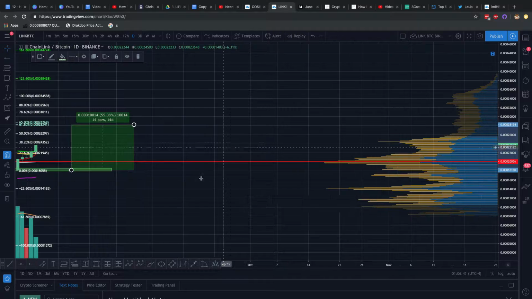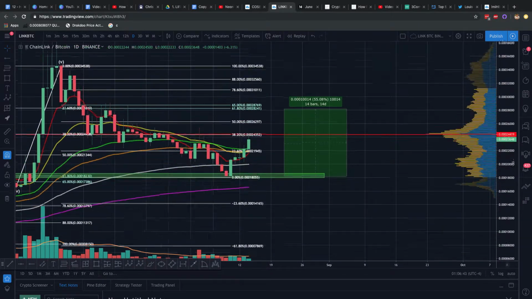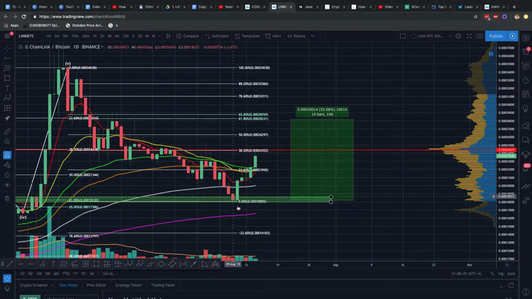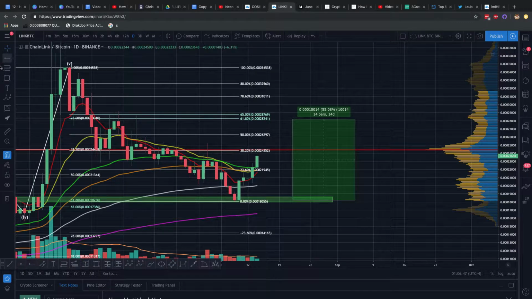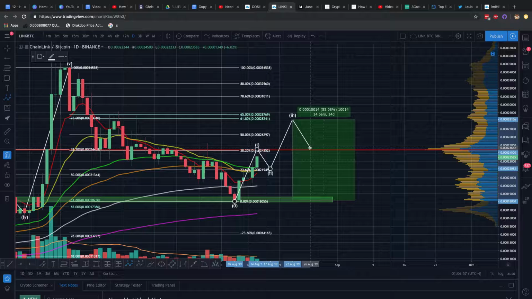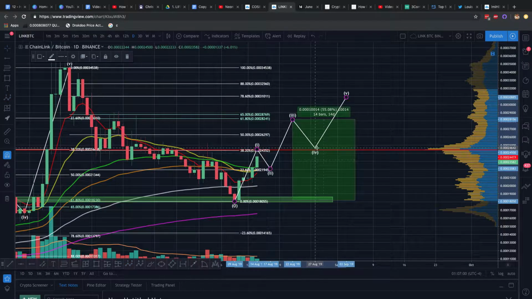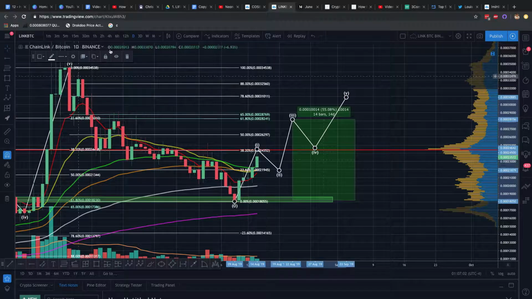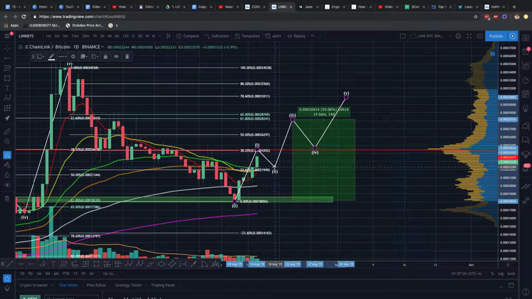Then what you could do is you can come in here, and this right now has been 1 wave up. So this you can see is 1 wave. It's probably going to come down again, right? And then come up again, and go down again, and then come up again. So if that's the case, where are these things going to land, right?